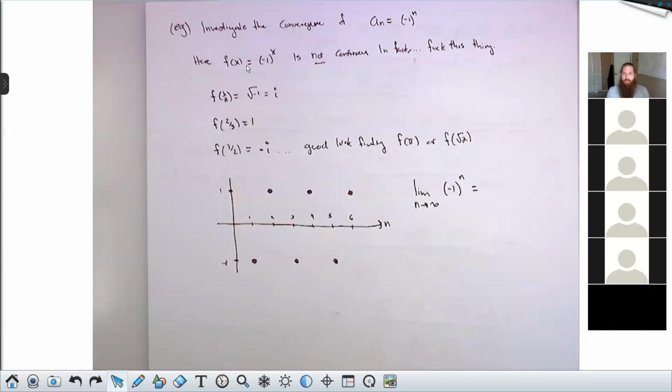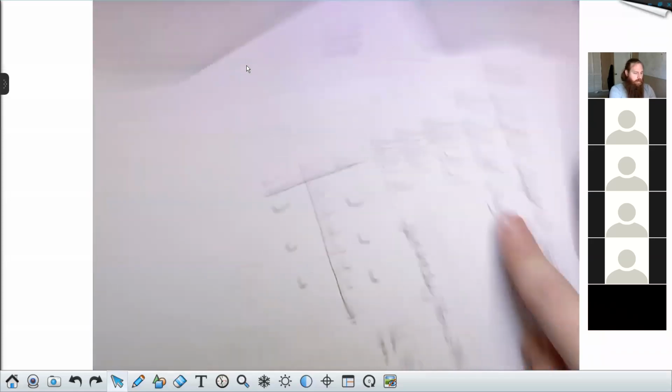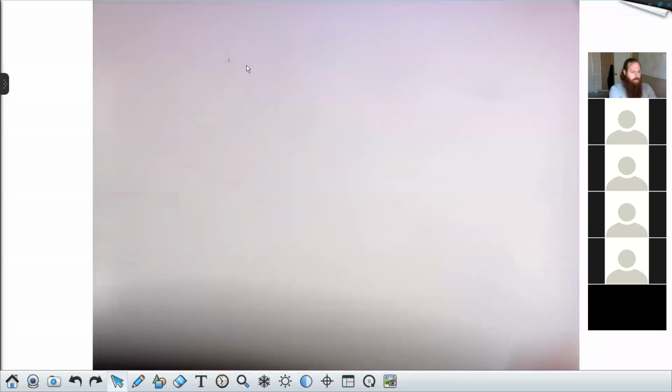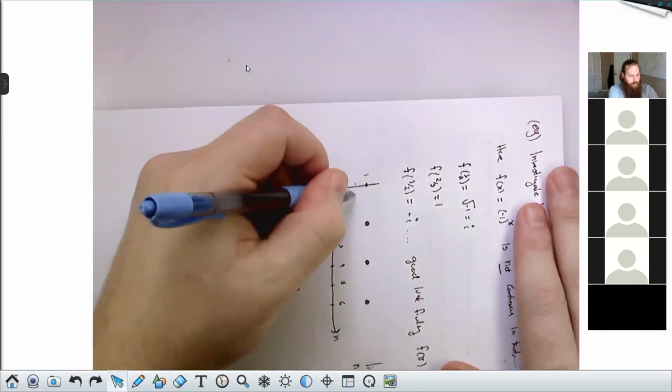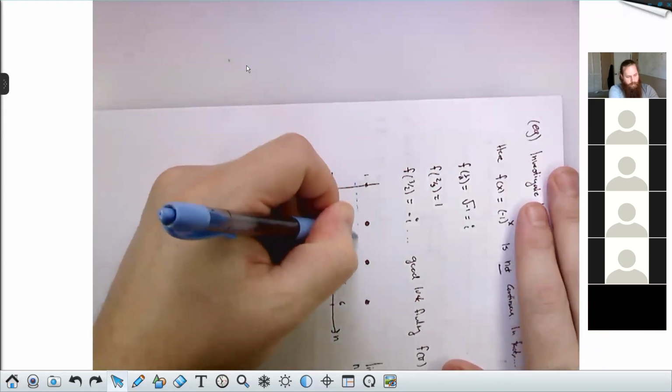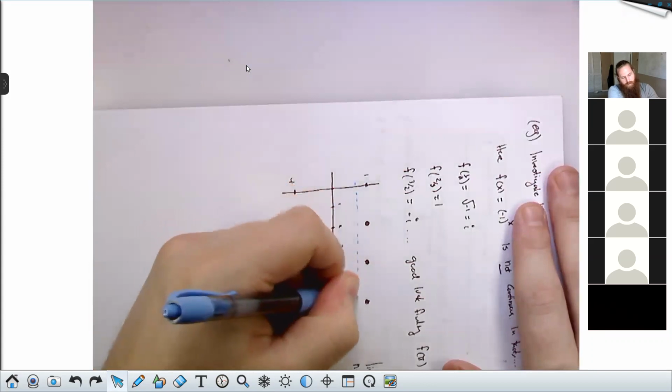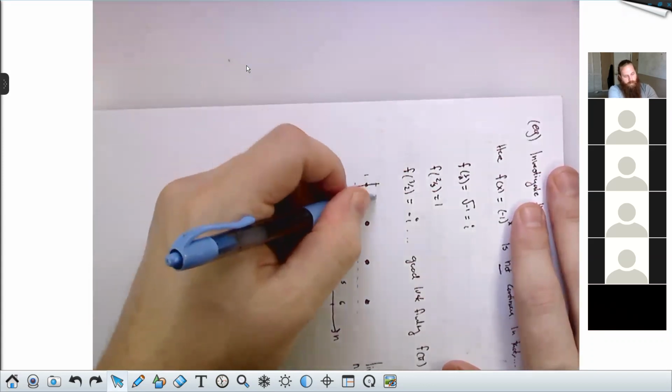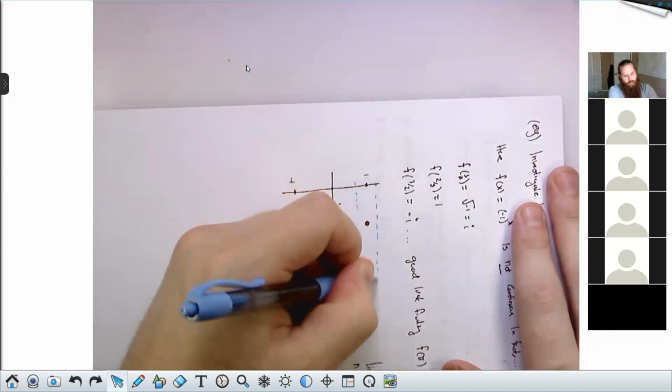Well, it's a piecewise constant sequence. It only ever outputs two numbers, 1 or -1. Are these dots getting closer and closer to some particular y value? No. And the only things that you could even put forward as possible limits here are either 1 or -1 itself. So let's see, if I draw an epsilon window about +1, is it the case that eventually all the terms will be trapped in this window?